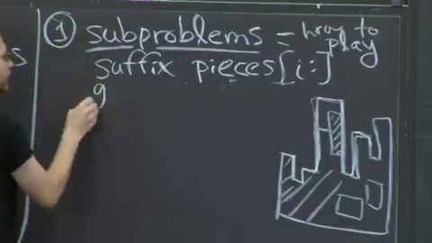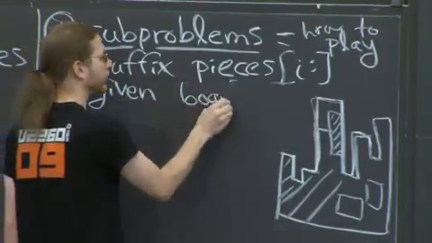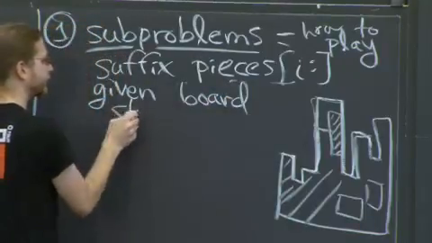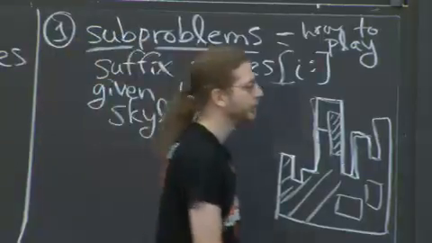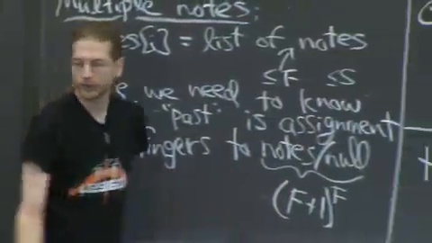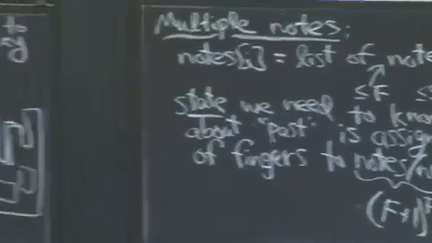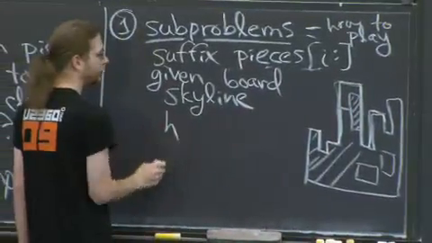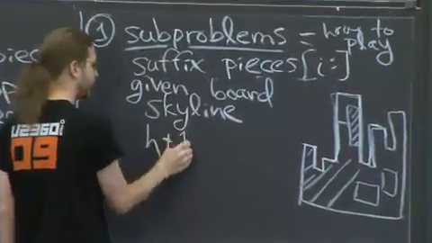So I should say, given the board skyline, now, how many choices are there for that? It's quite similar to this function for fingering. Let's see. There's the height of the board, different choices. For each column, it could be anywhere between 0 and h, so I guess h plus 1.